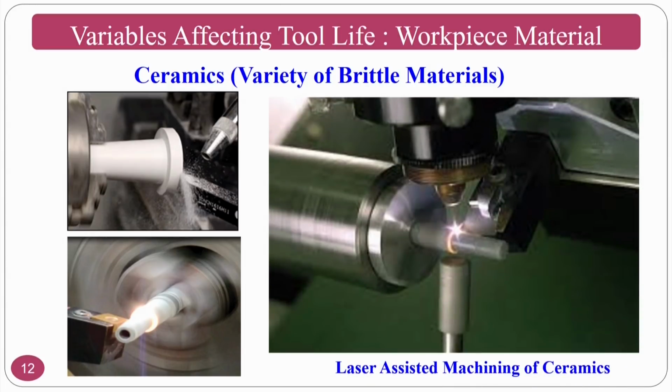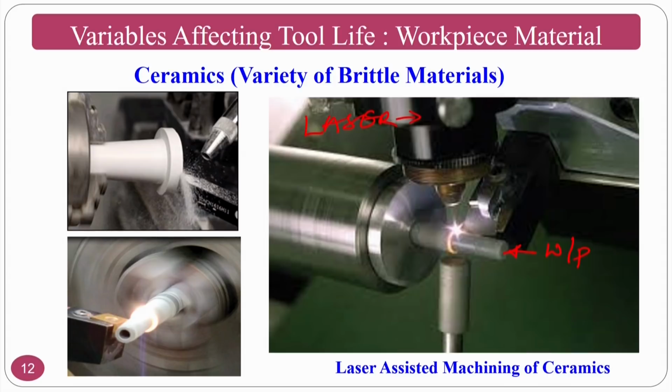You can see here laser assisted machining of ceramics. I have a workpiece material. This is the workpiece. The tool is cutting from the other side. This is the laser source. This is the laser, so the laser beam is falling here.